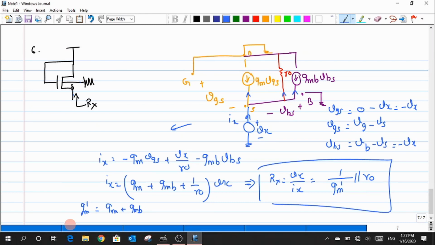I just want to cover 2 more circuits. Find the output impedance of this circuit. So I first translate this entire circuit into a small signal model.